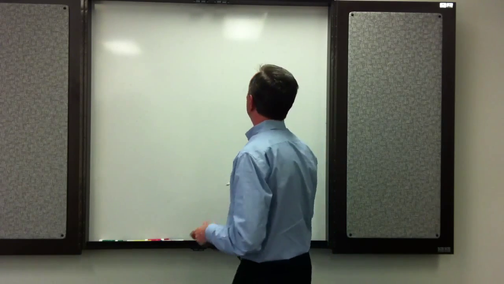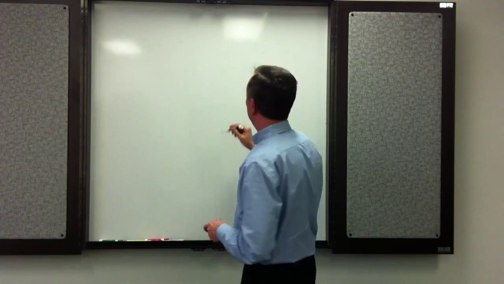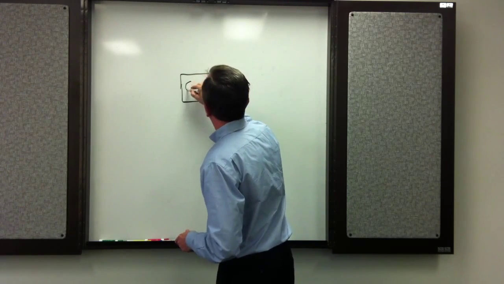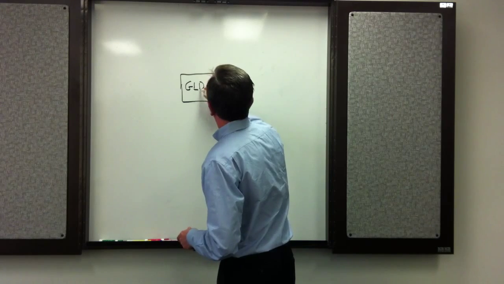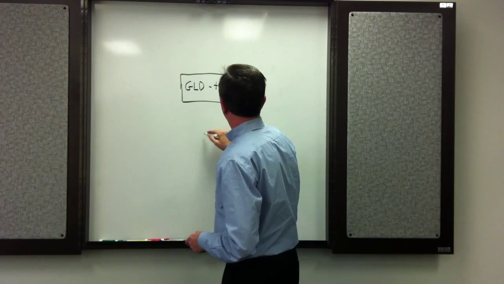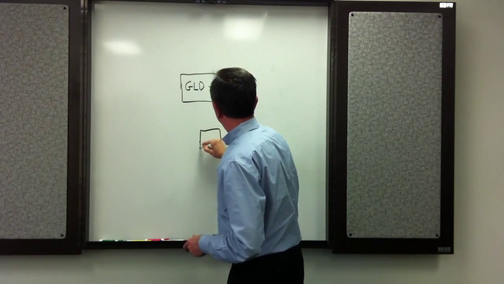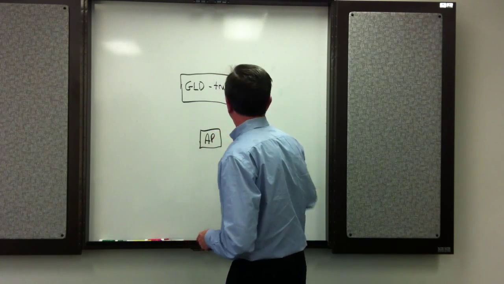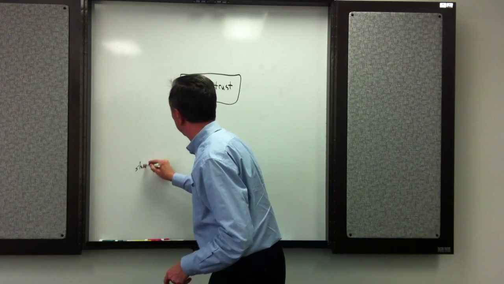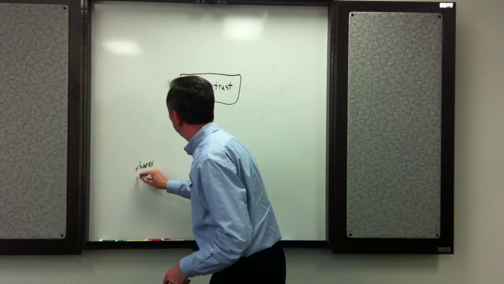So I'm going to draw some boxes on this whiteboard here. We'll call this the trust. This is the GLD. We have our authorized participant down here. And I suppose we can put the shares over here in the public.